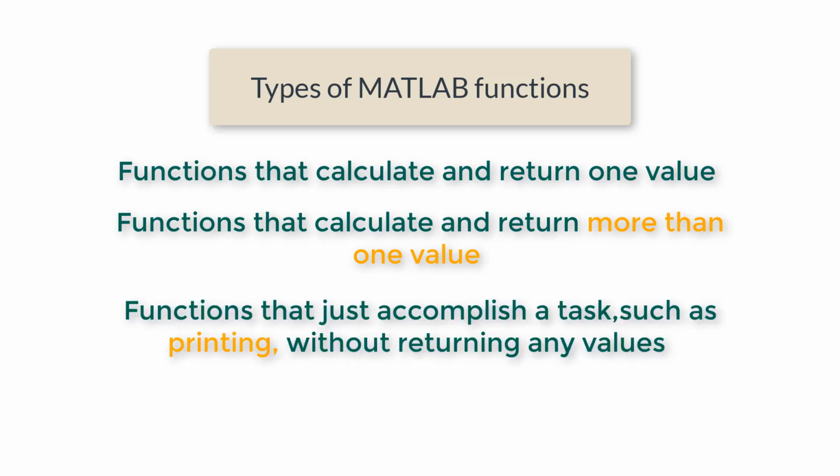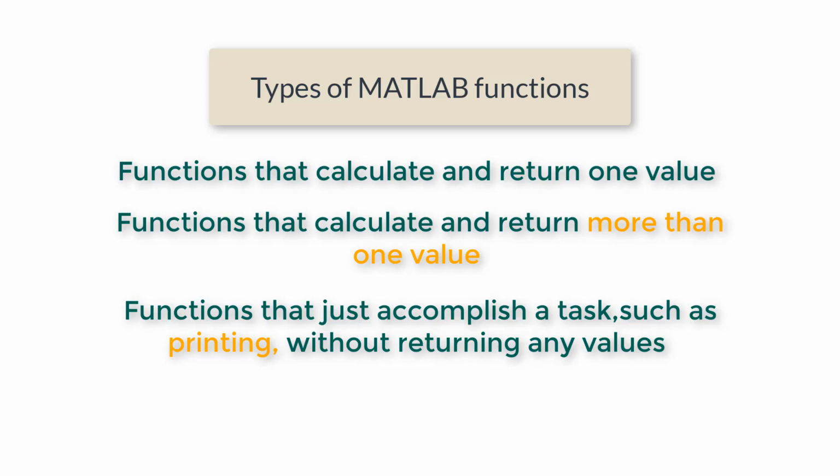And also we have functions that just accomplish a task, such as printing, without returning any values. These sort of functions are very handy if you want to remove the clutter in the main script that you write. We're going to see a bunch of examples in this lecture.